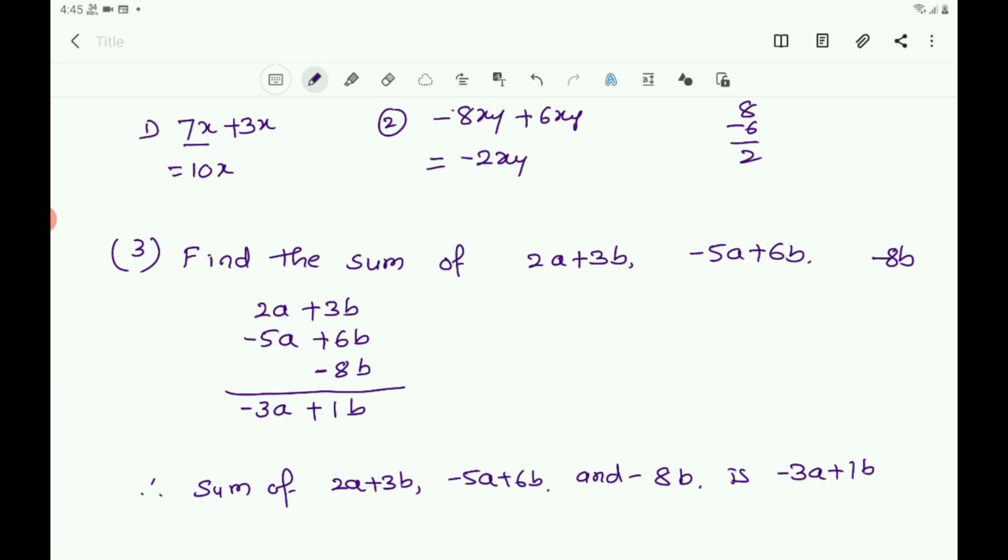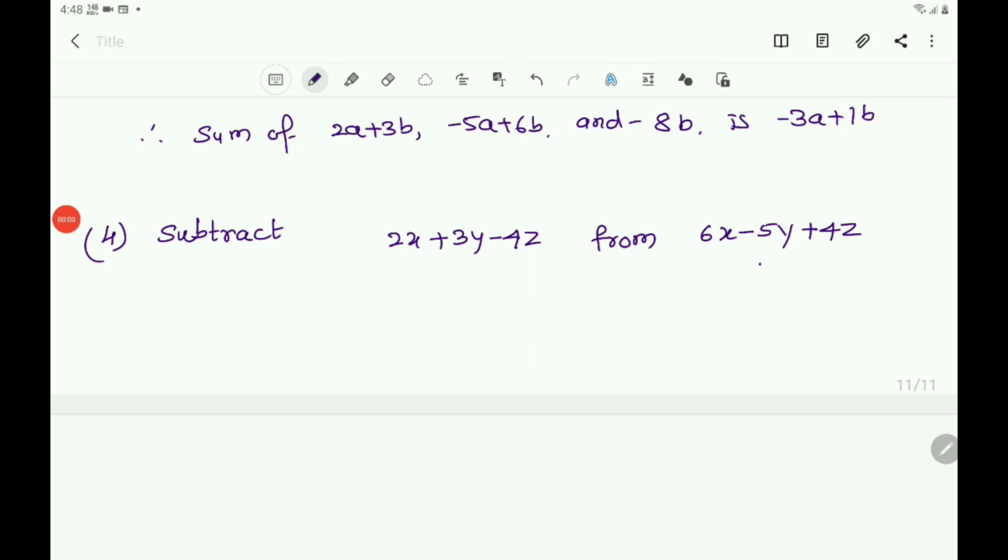The fourth question is: subtract 2x plus 3y minus 4z from 6x minus 5y plus 4z. Here we have to subtract 2x plus 3y minus 4z from 6x minus 5y plus 4z.